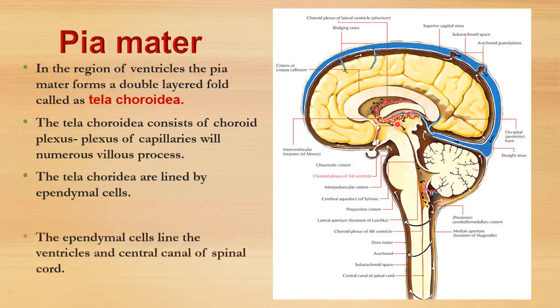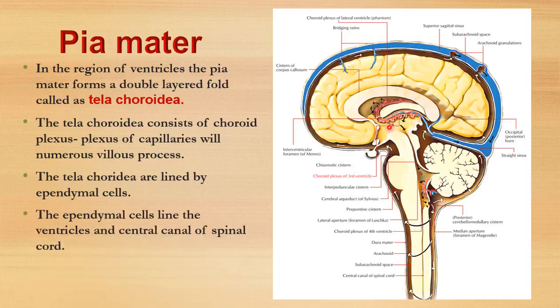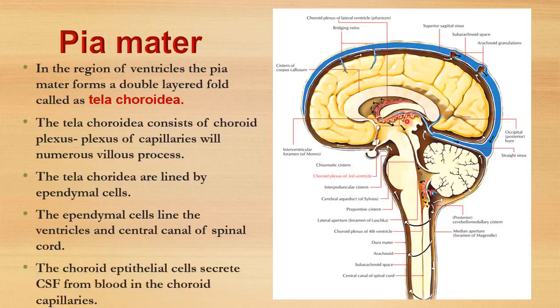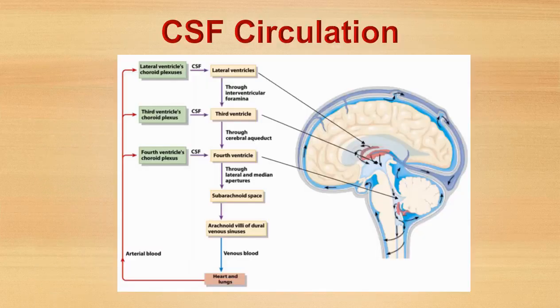These are mainly responsible for filtering the CSF from these choroid capillaries, which form the choroid plexus. So from the blood, the CSF is actually filtered via the choroidal ependymal cells. They are called the choroid epithelial cells, which secrete the CSF.